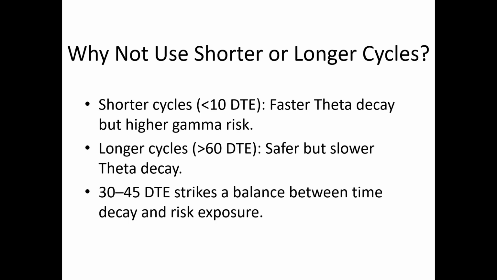There's a trade-off. With a shorter duration, less than 10 days until expiration, you get much faster theta decay, which is great, but you also have a lot more gamma risk, meaning that one big move against you can put your options deep in the money. And we know that once options become at the money or go in the money, adjustments become very costly.